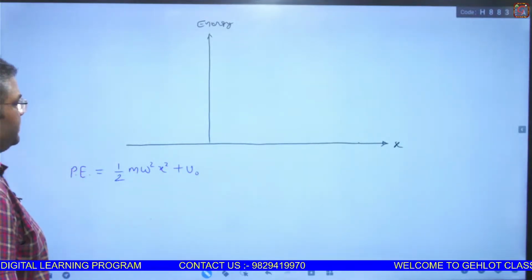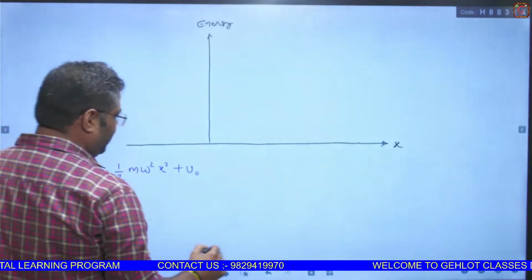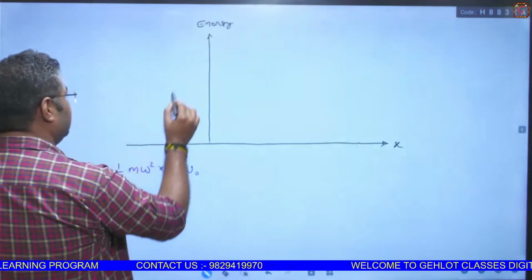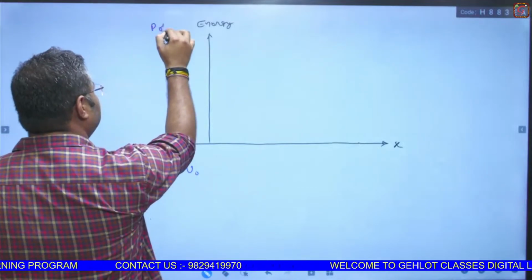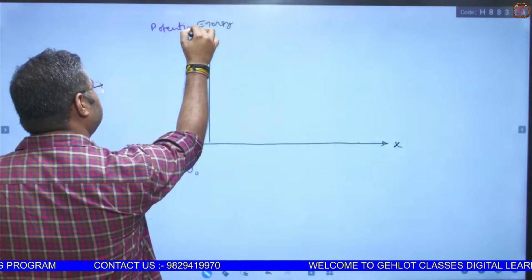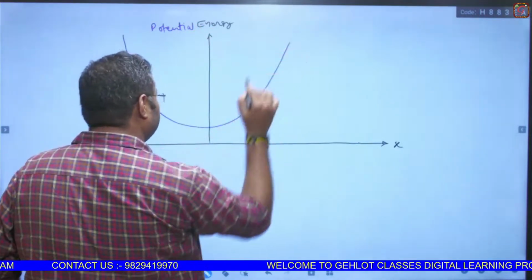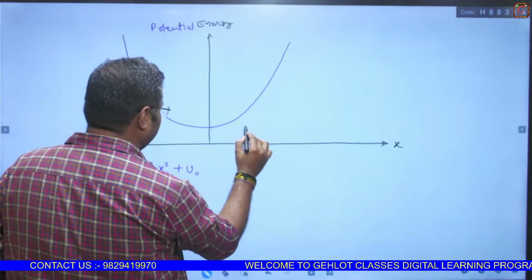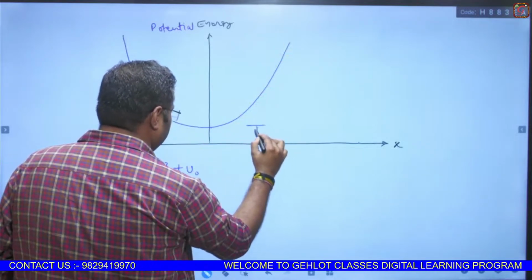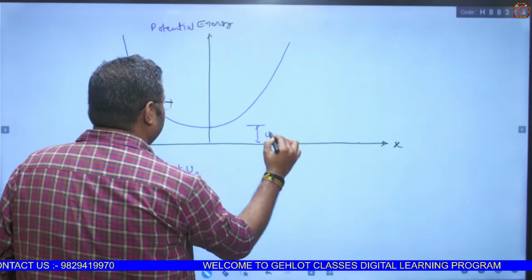So if we draw the graph of potential energy here, the graph will look like this, and this intersection is u naught.